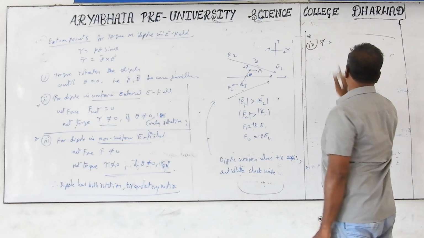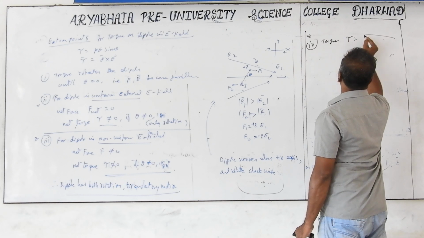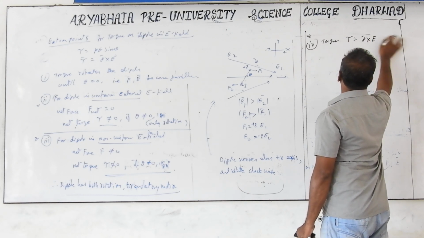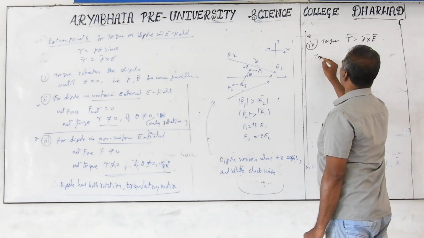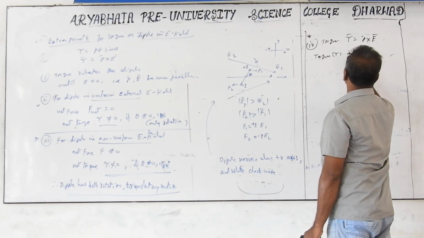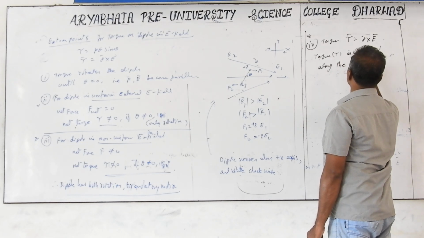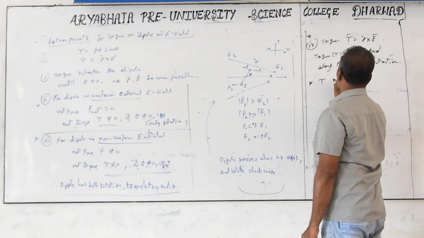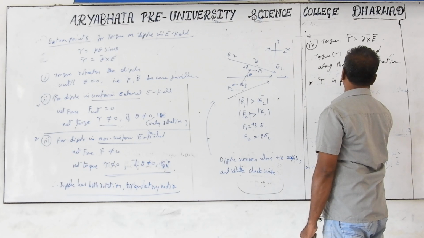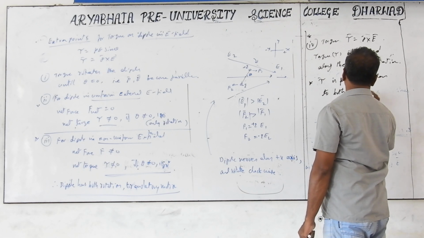Torque equals P cross E. So the torque is perpendicular to both P and E and is directed along the axis of rotation.